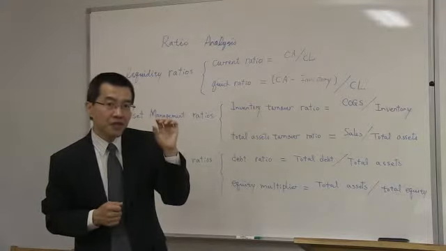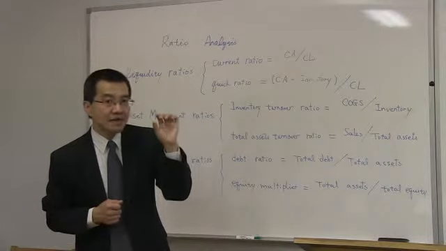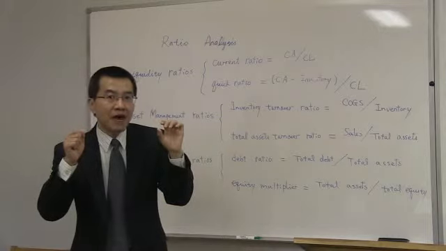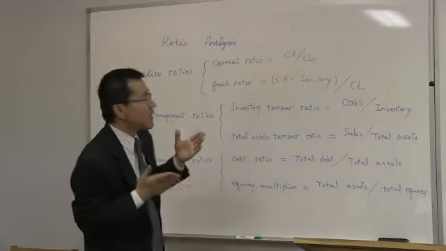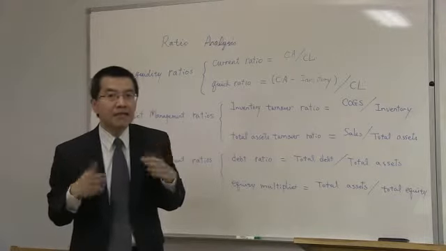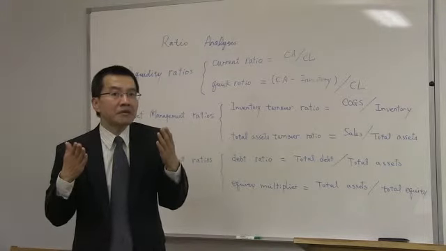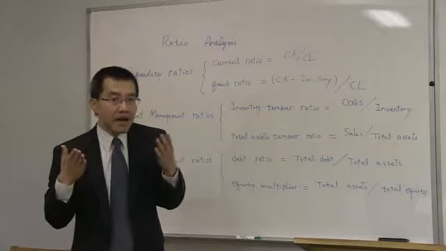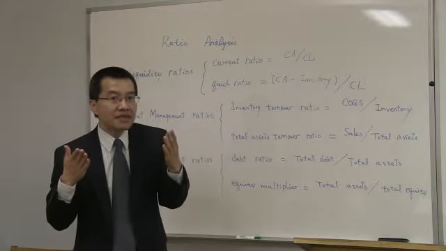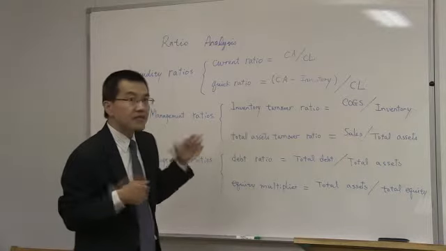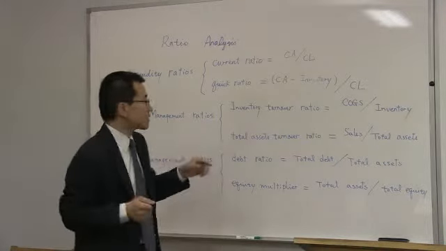If you fail to do so, the lenders, or we call them the creditors, can force the company into bankruptcy to liquidate the company's assets. Even if the company has very good business plans and will be able to make a lot of profits, if the company cannot maintain enough liquid assets to pay their bills, the company will have trouble.